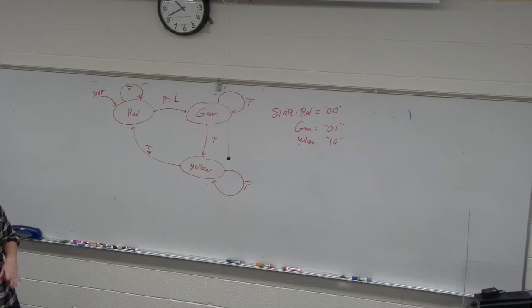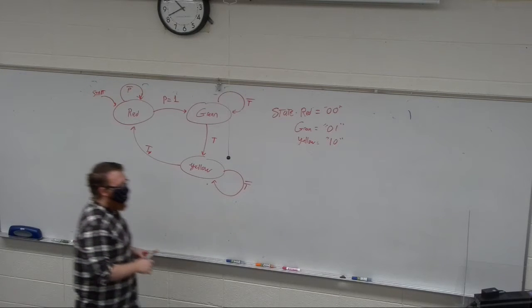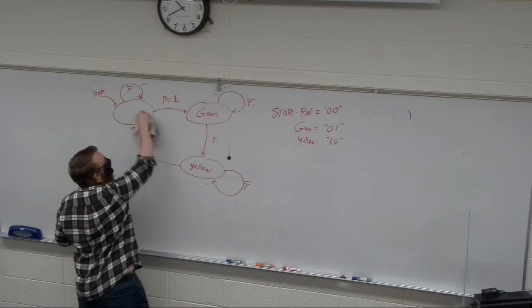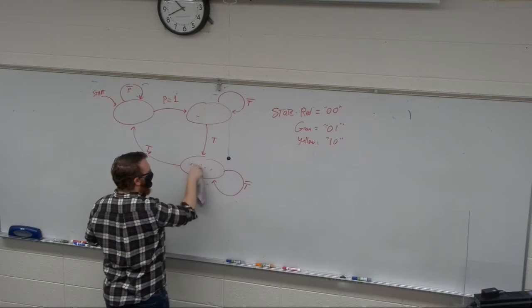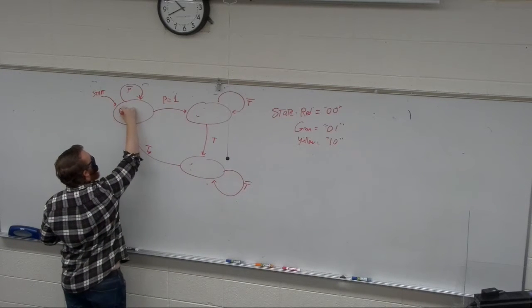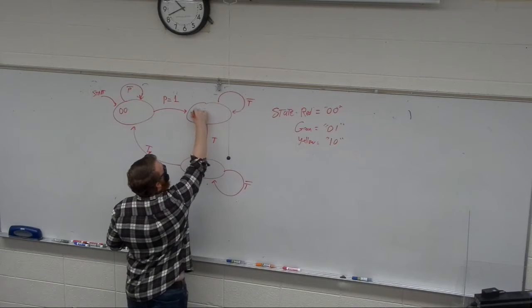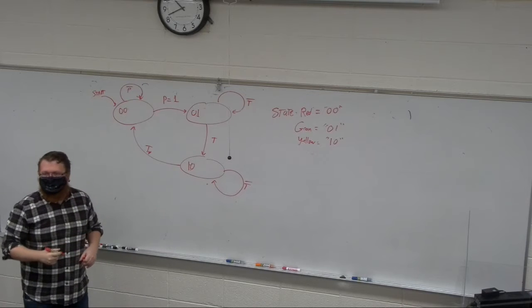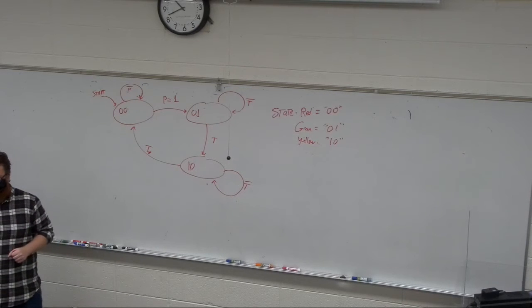But that's not how we do that. We don't give it names because I could just as well have this up there and call this 0, 0, 0, 1, 1, 0, right? So then how do I know what my states are?